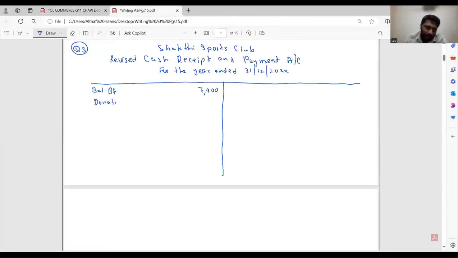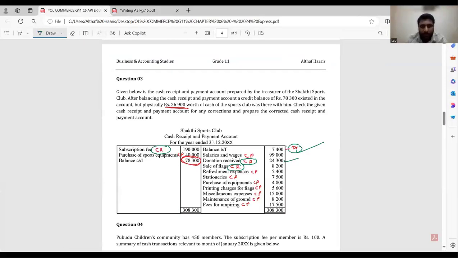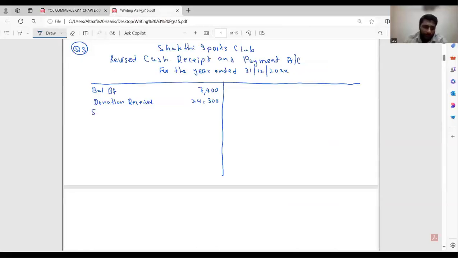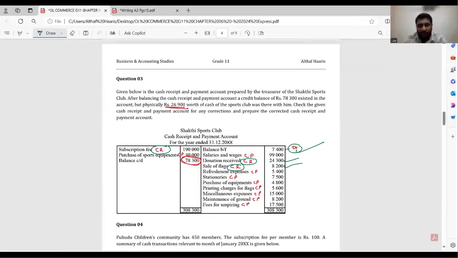Then sales of flags 8,200. That is also done. So all the cash receipts are done, people.